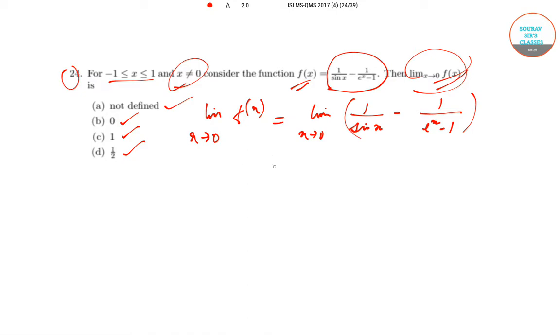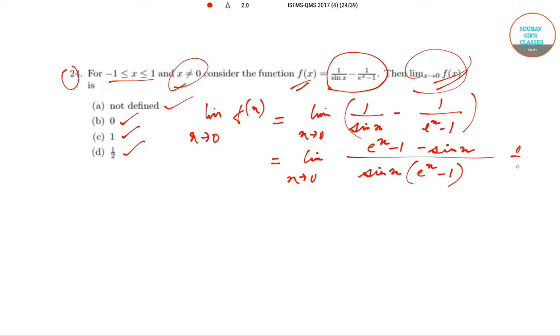This is equal to the limit as x tends to 0 of (e to the power x minus 1 minus sin x) upon (sin of x into e to the power x minus 1). Since this is of the 0 by 0 form, we'll use the L'Hospital rule.